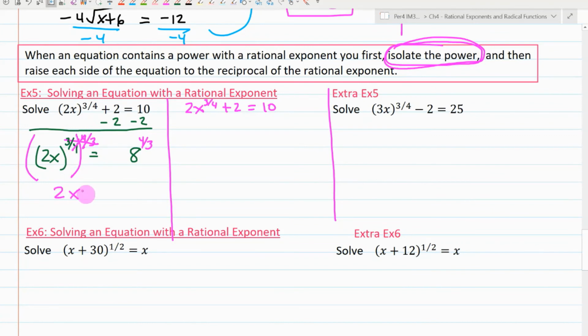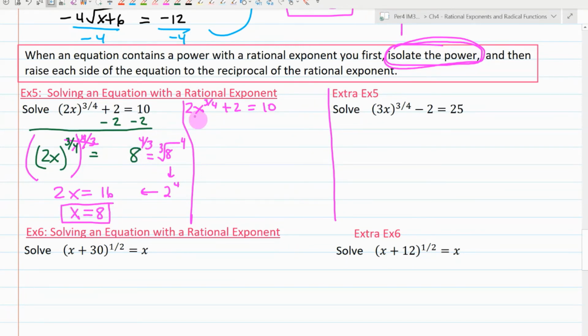So now I have 2x is equal to, and on this side, this means the cube root of 8 to the 4th, which is 2 to the 4th, which is 16. And if I divide both sides by 2, I get x is equal to 8.